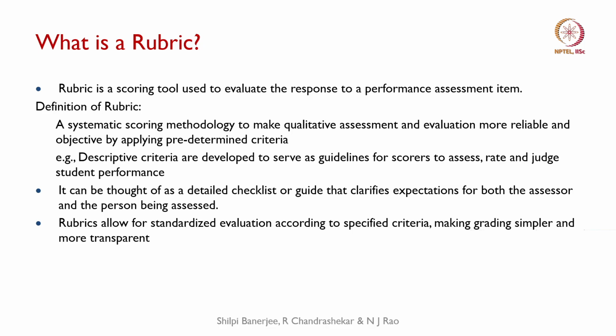How do we reduce the subjectivity? By using descriptive criteria that serve as guidelines for scholars to assess, rate, and judge student performance. That means subjectivity is reduced to a smaller range.